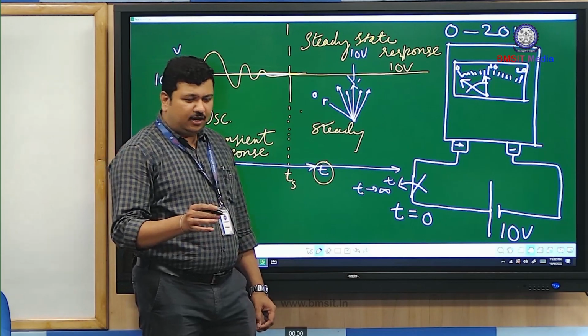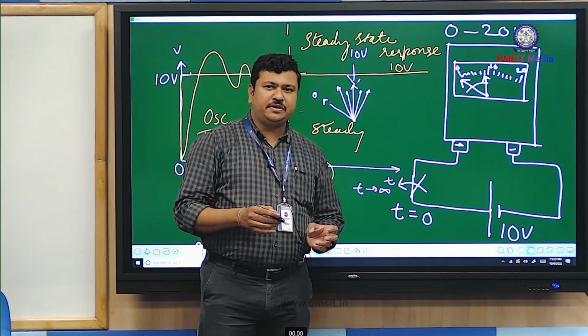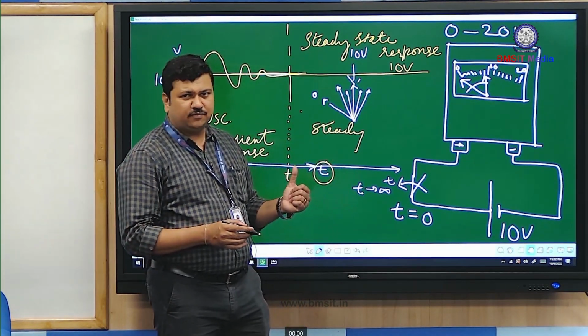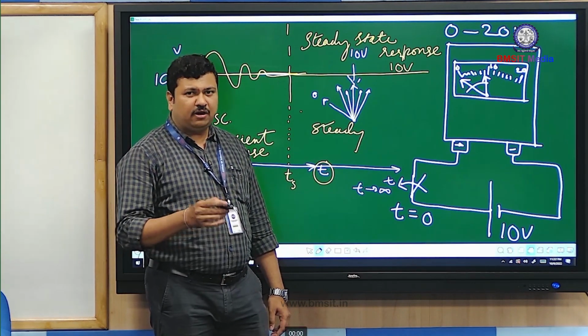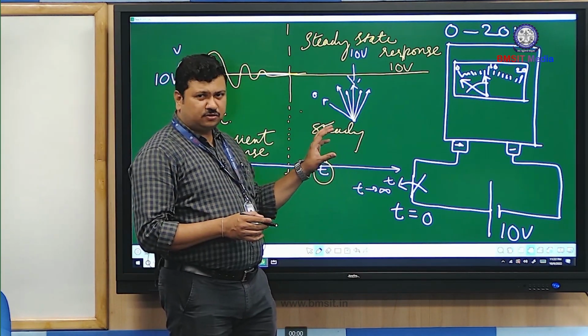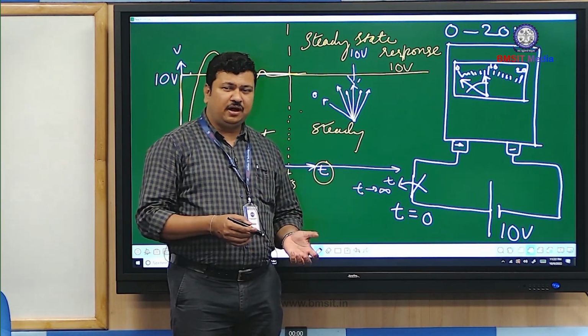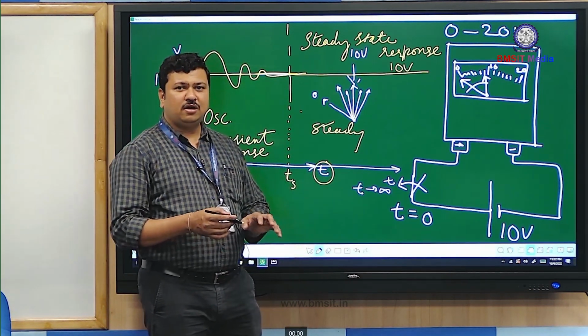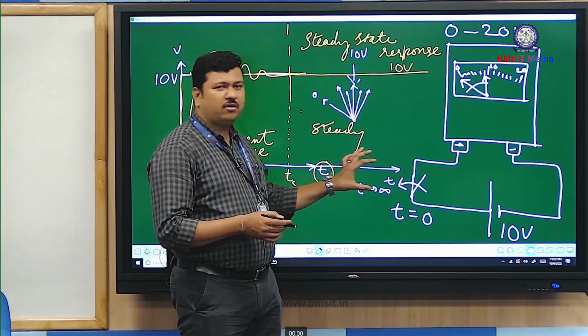We did not analyze the circuit with respect to time. So all the analysis we did so far is the steady state analysis of the circuit. We have assumed that whatever source value we gave or mentioned in the circuit, and the circuit parameters, will not change for the entire time of operation.